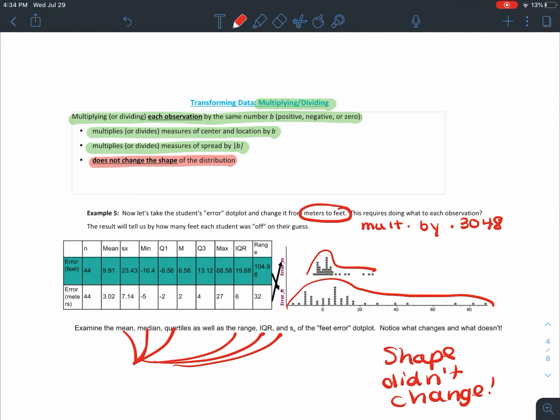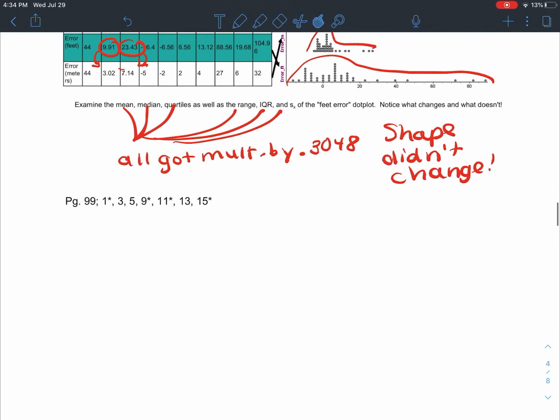We'll just use the mean here, to go from this number down to this number, or the standard deviation, which is a spread, down to that number. They all got multiplied by 0.3048.